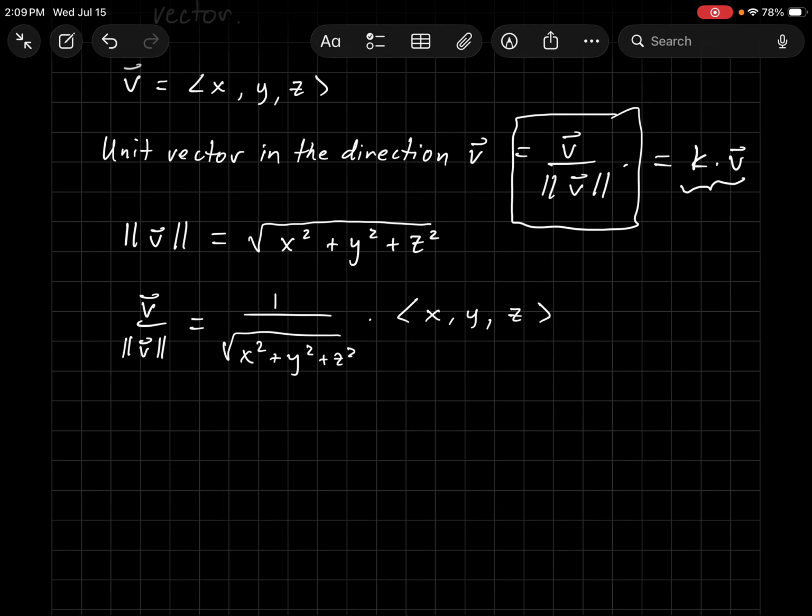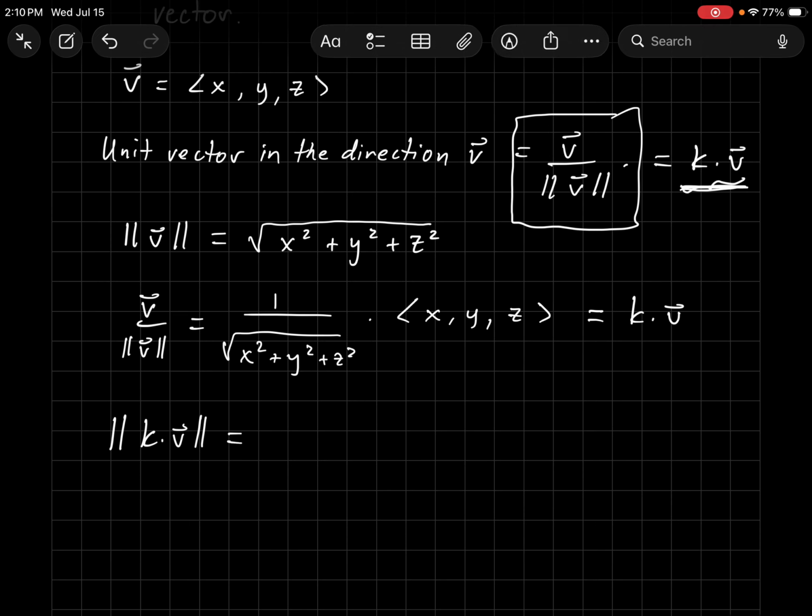Let's go back to kind of a general case right here so I can show the algebra a little more simply. So hopefully you can agree this is k times v, right? Some constant times v. And let's find the magnitude of k times v.